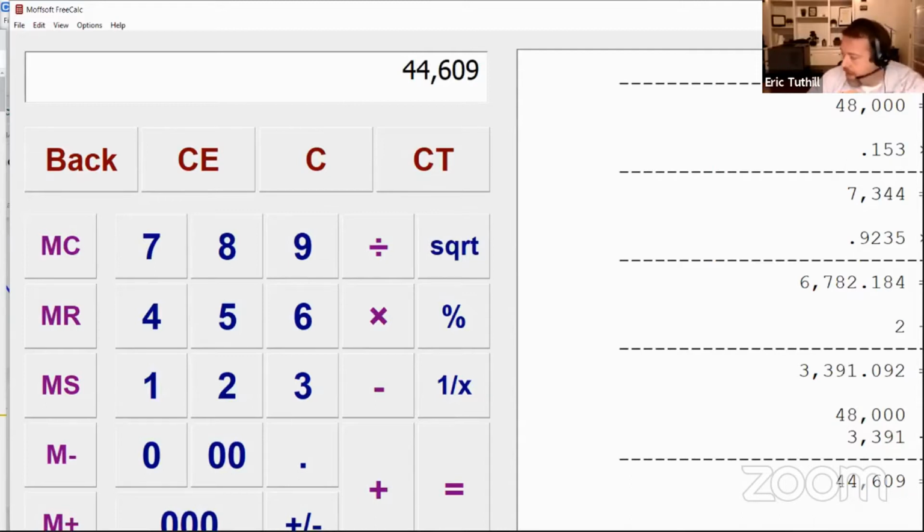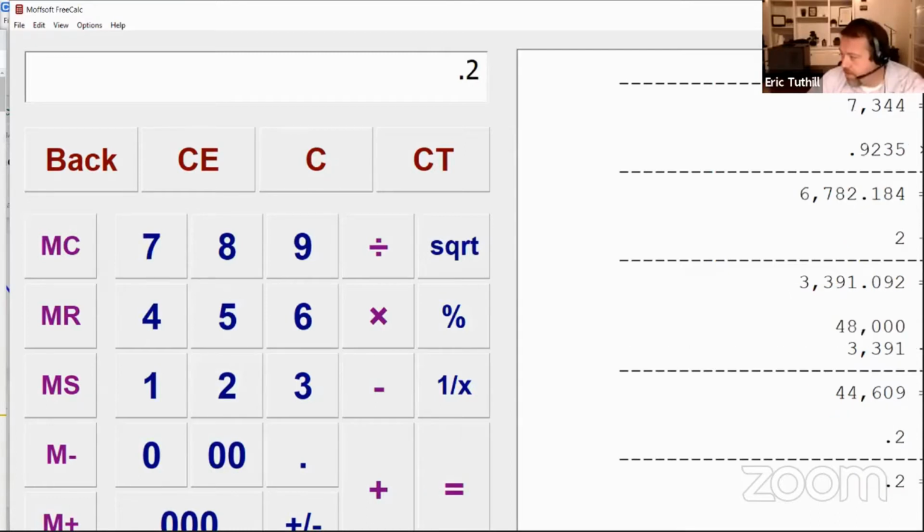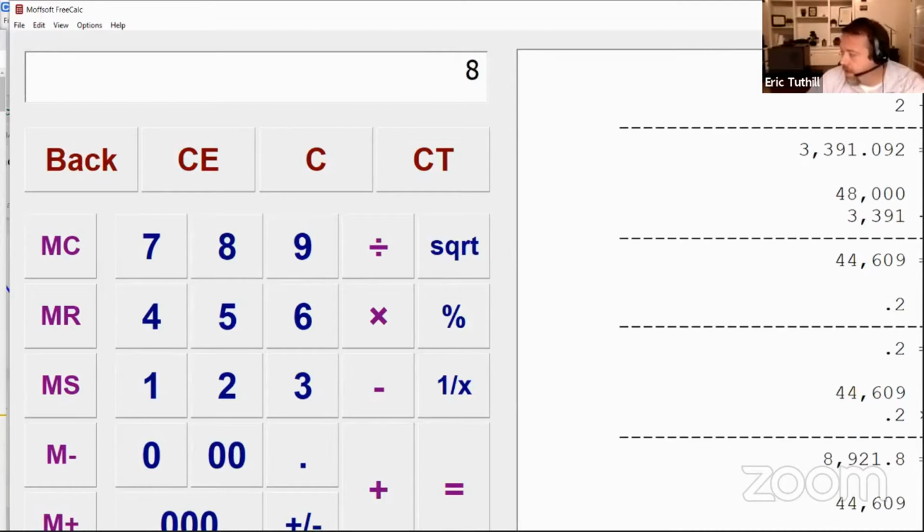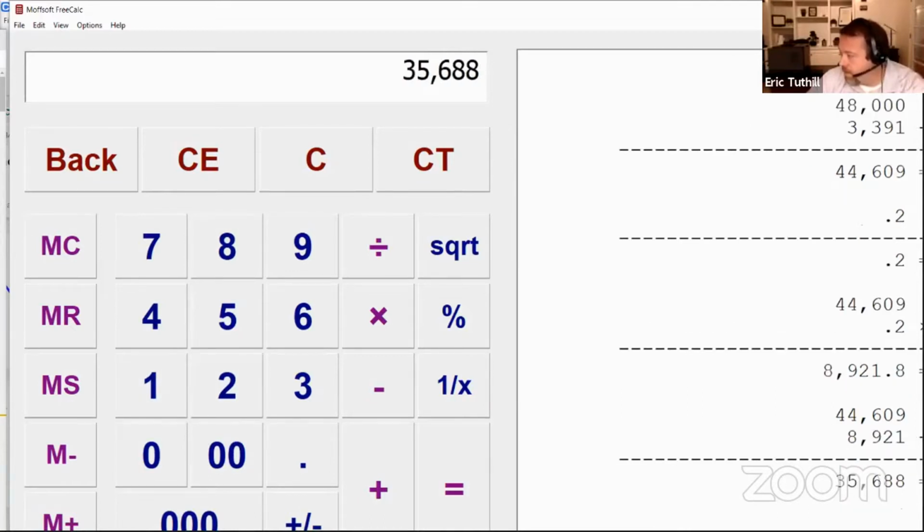Then we're going to take the 20% QBI deduction, right? So 44,609 times 0.2, we're going to get a deduction of $8,921.